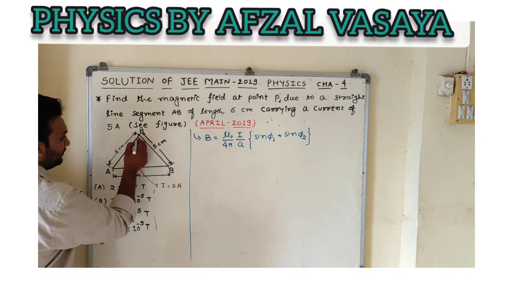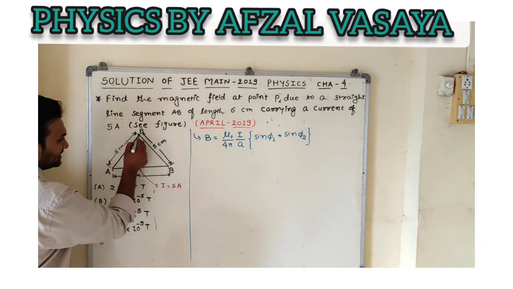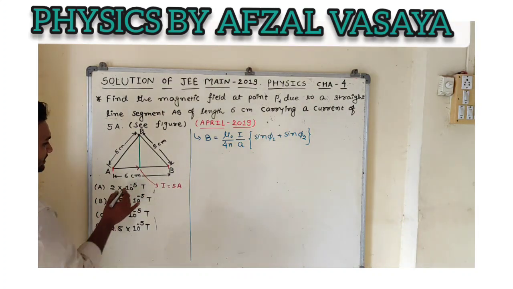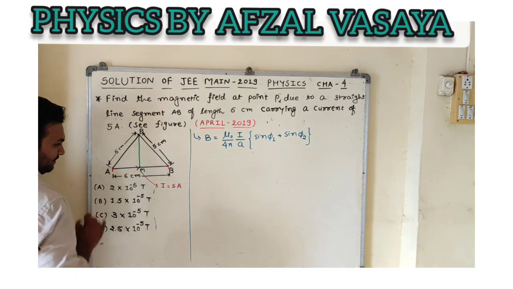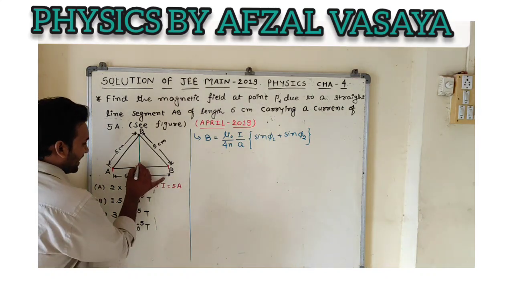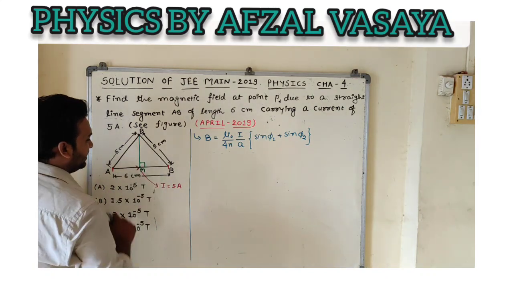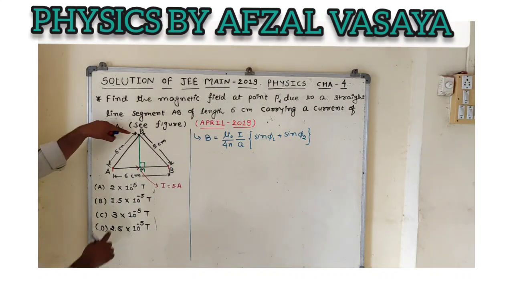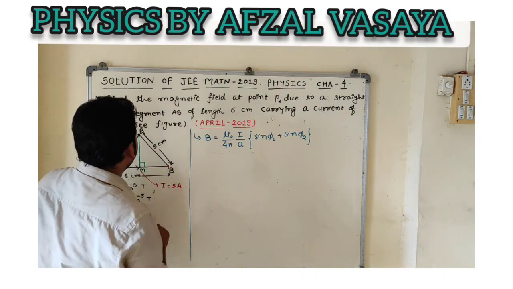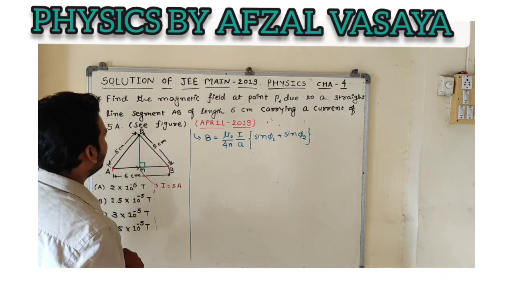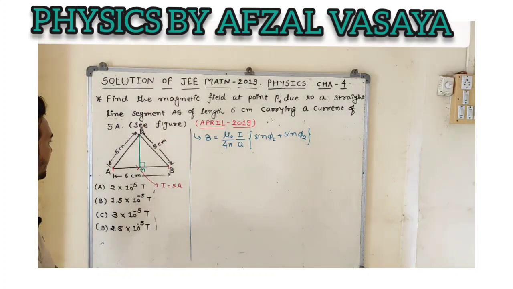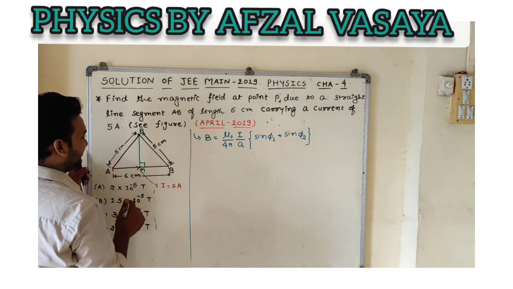First of all, draw a perpendicular bisector from point P on the line segment AB, and let this point be capital M. So this PM is the perpendicular bisector on AB, so the angle PMB becomes 90 degrees, and this distance PM is the perpendicular distance, which is denoted by A. The perpendicular distance is the distance between the point P and the wire.